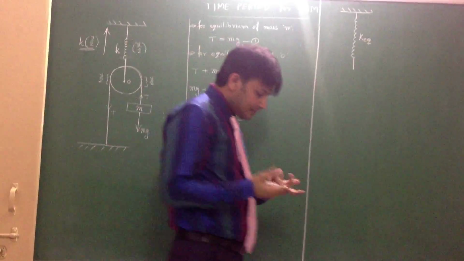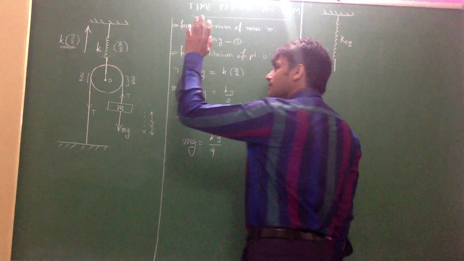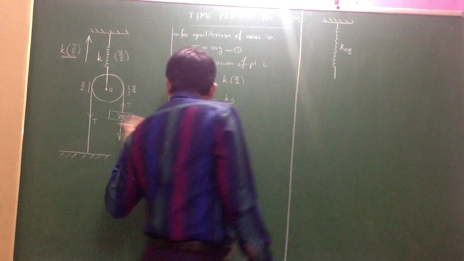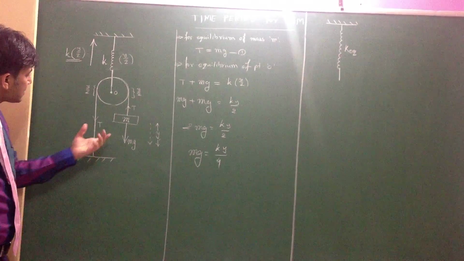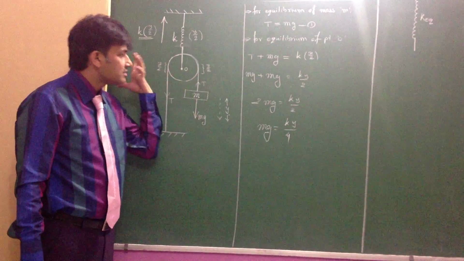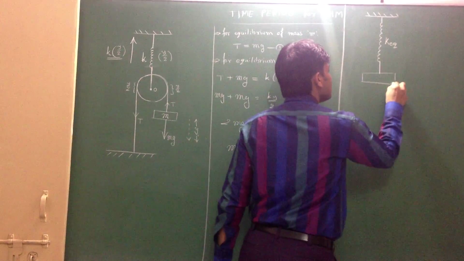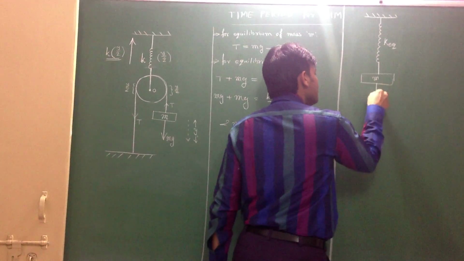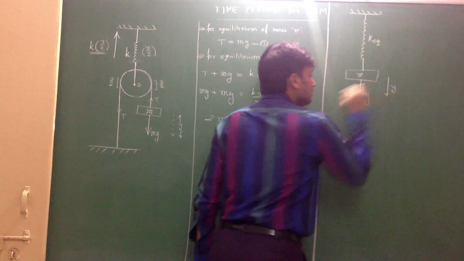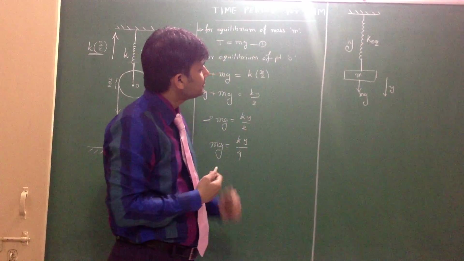The equivalent spring means a spring which can perform all the characteristics of the system. Then what is the characteristic of the system? If we suspend mass m on it, it will be displaced by distance y. So over here, if I suspend one mass m, due to its weight force, it will come down by distance y. The increase in the length of spring will also be y in this case.